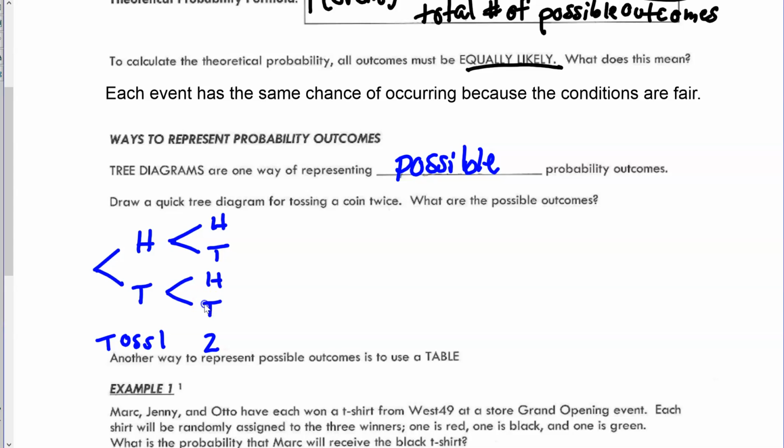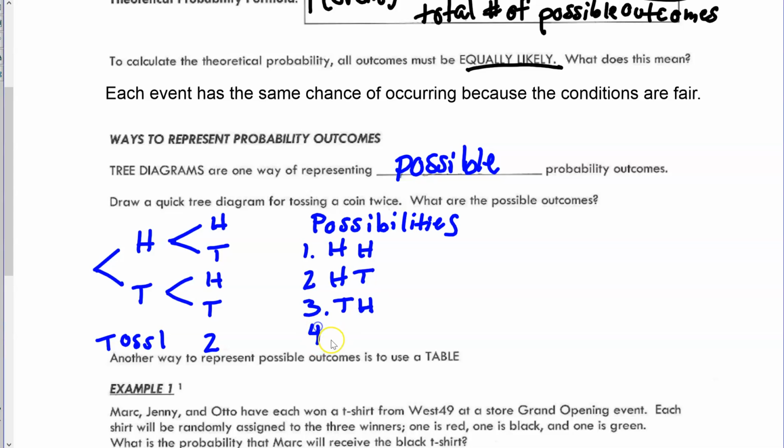So our different possibilities, there are 4 of them, right? You get head, head. You could get head, tail. You could get tail, head, or tail, tail. So when you're flipping 2 coins, there are 4 different possible outcomes.